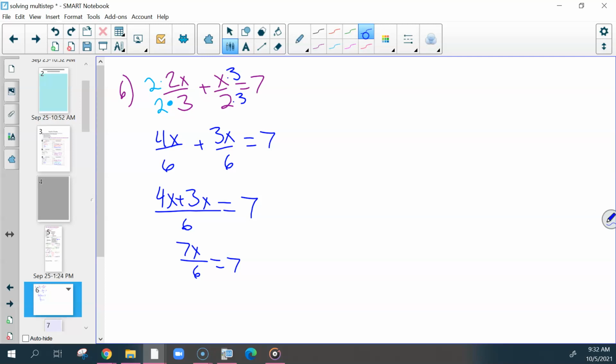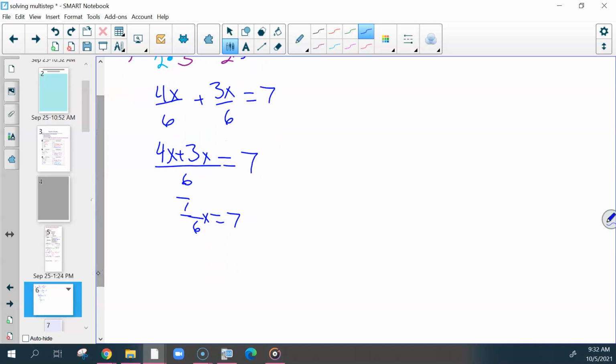From there, I could rewrite this so that the x is next to it if that makes it look better for you. And then multiply this by the reciprocal. These would cancel, become just x. 7 times 6 is 42. 42 divided by 7 is 6. So our final answer would be 6.